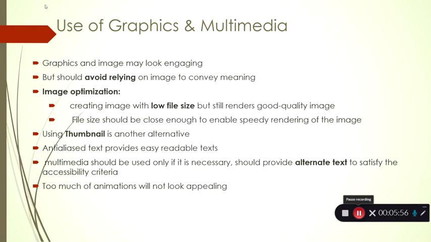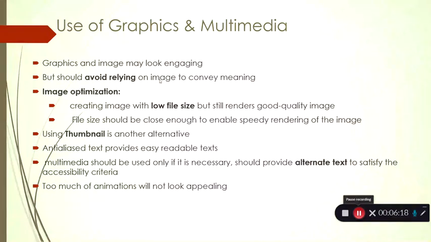So normally when you use a lot of multimedia content like images and videos, you might have noticed that the web page will take more time to get downloaded. Okay, so we have to avoid relying on images or videos.